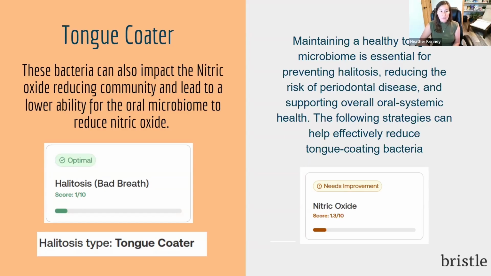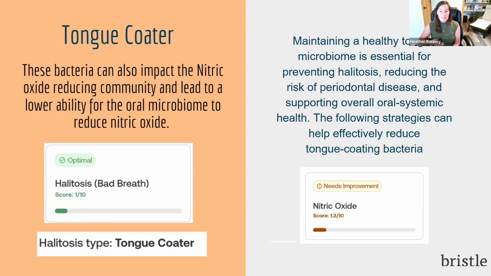So if we have a dry mouth and a mouth breather, it will inhibit the growth, because the bacteria that are tongue coating in nature are generally anaerobic or facultative, and they coat the tongue and inhibit the nitrate reducing bacteria that also live on the tongue, that sometimes are aerobic, so they can't tolerate that.